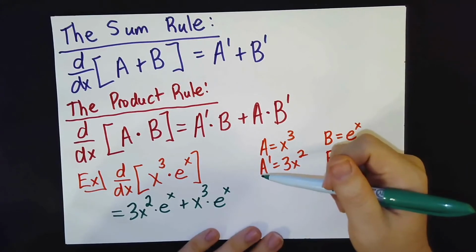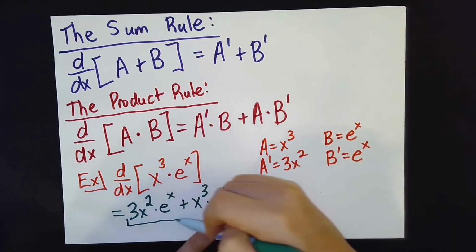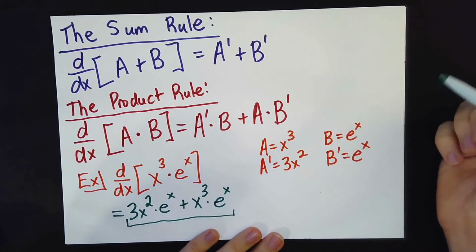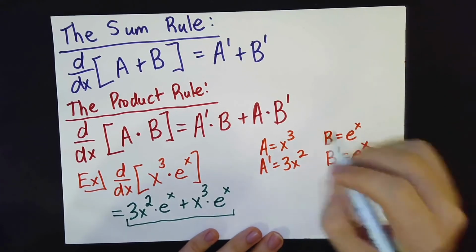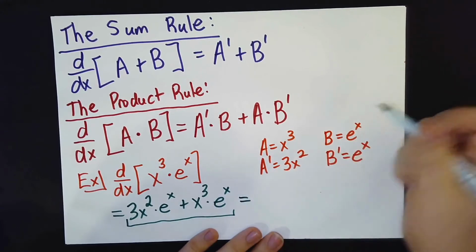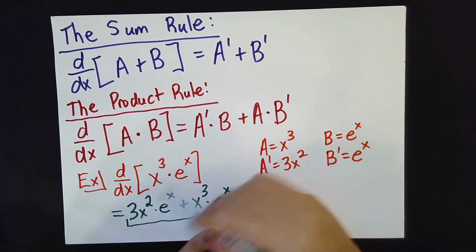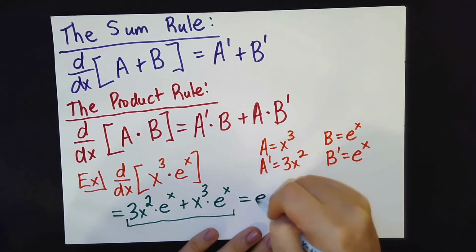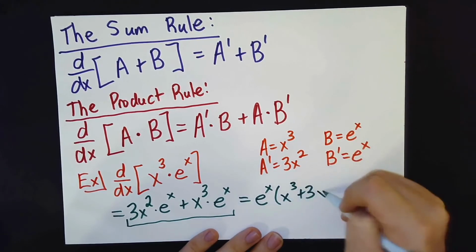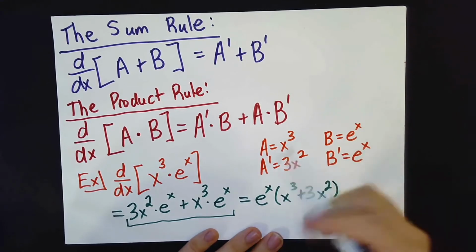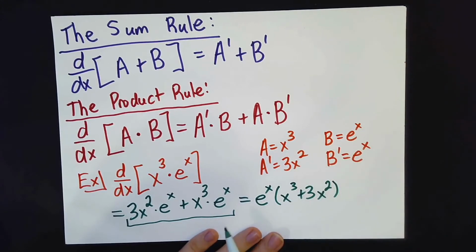Now, for what it's worth, I'd accept this as an answer. But for what we're going to do next week, it's going to be really helpful if we get in the habit of factoring e to the x's out of things. So I'm going to write this for my final answer as x cubed plus 3x squared times e to the x. Again, I'm just doing this to get us in the habit for next week when we're going to do this a lot.